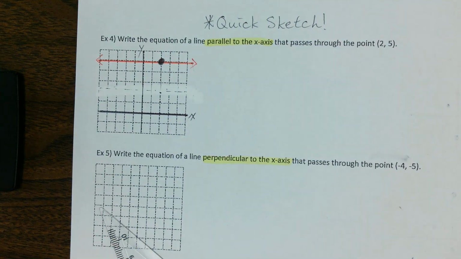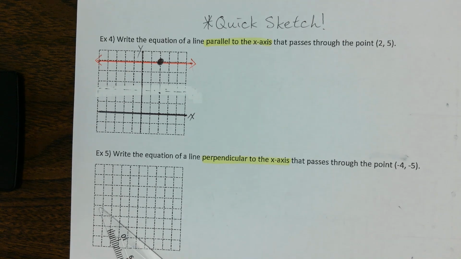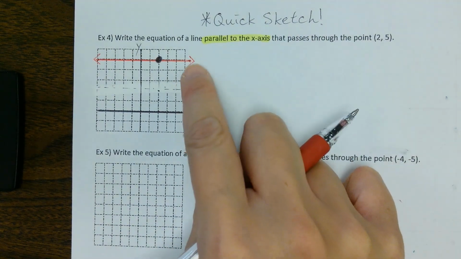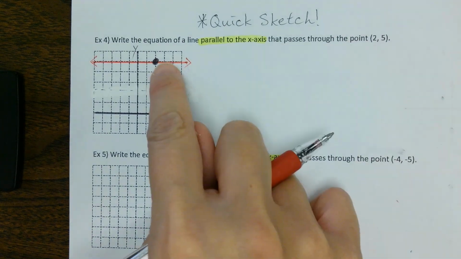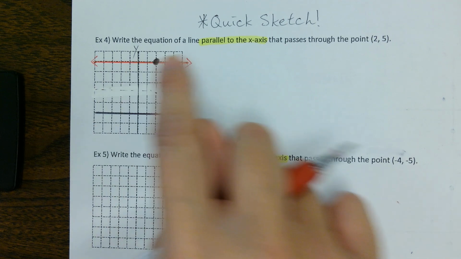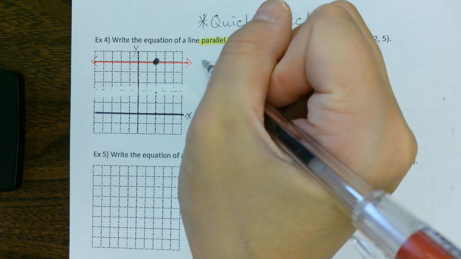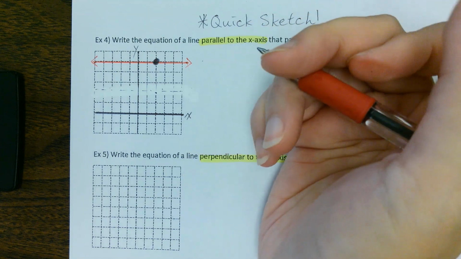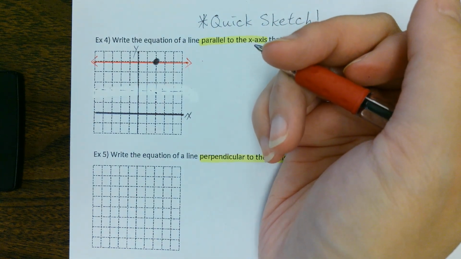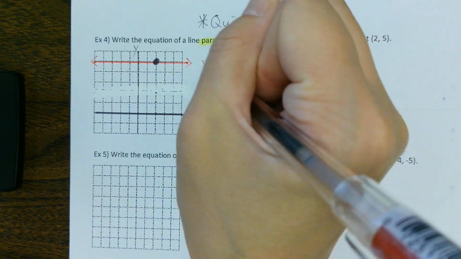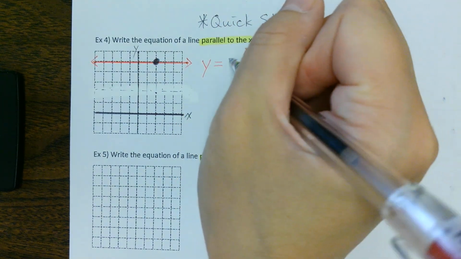Right? Does that make sense? So now this line is parallel to the x-axis, and it passes through this point. So what's the equation for any horizontal line? y equals 5. That's it.